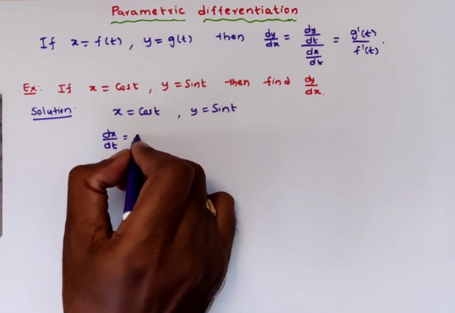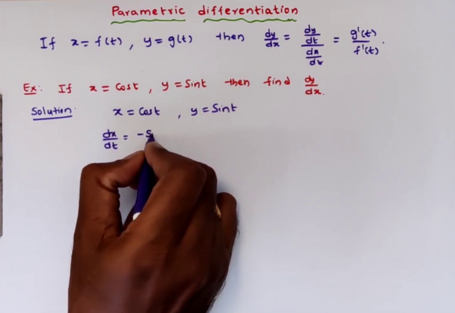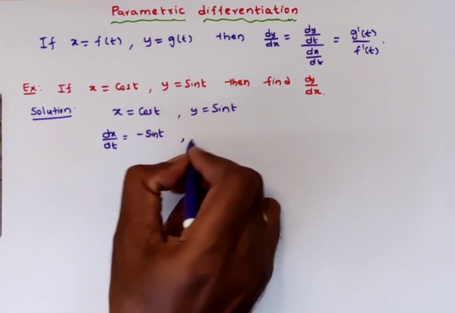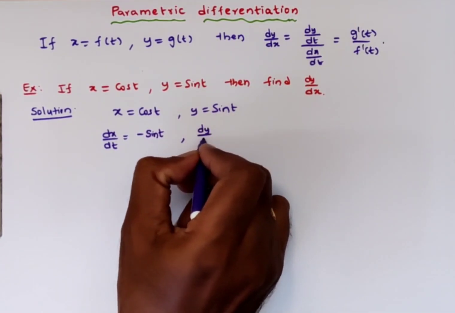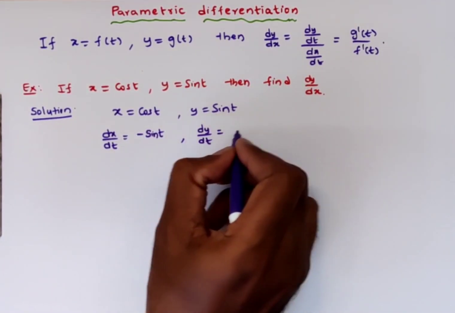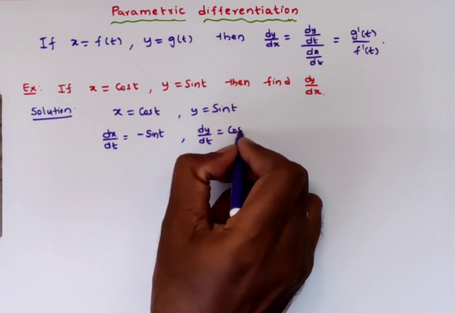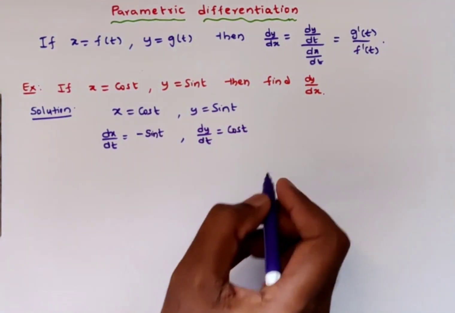What is the derivative of cos t? This is minus sin t. Then differentiating y with respect to t, dy by dt, the derivative of sin t is cos t.